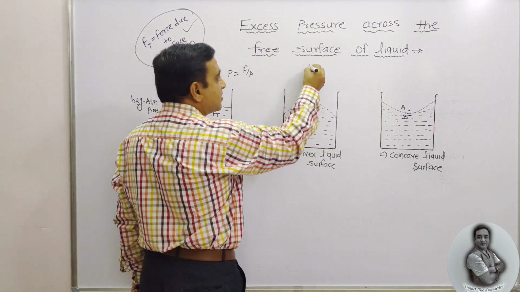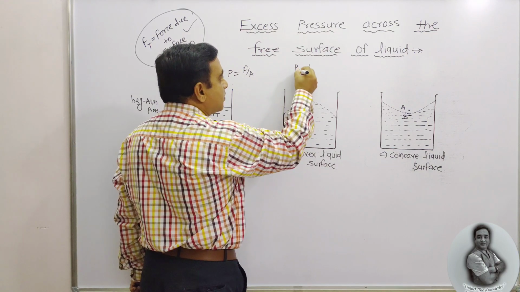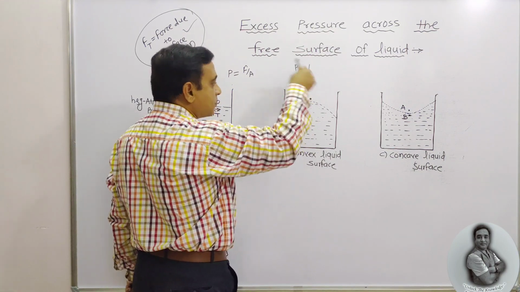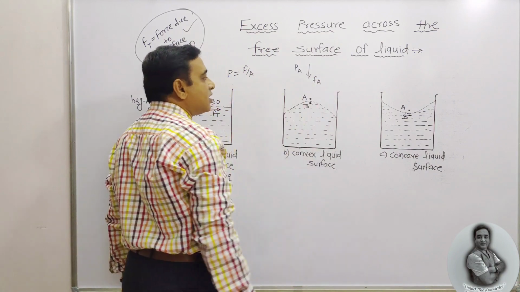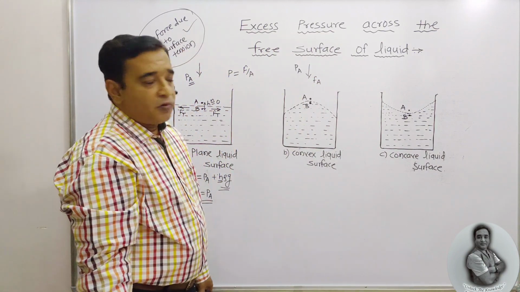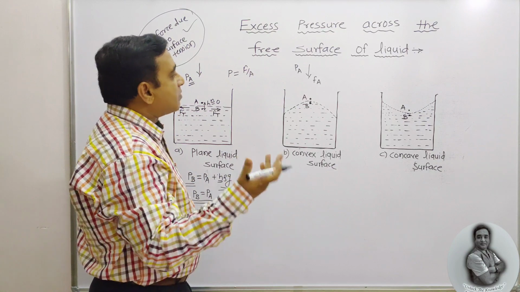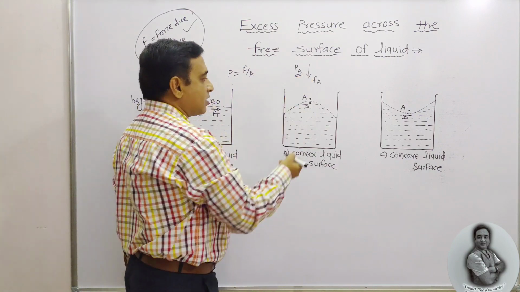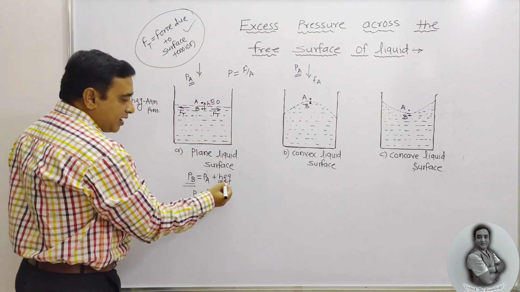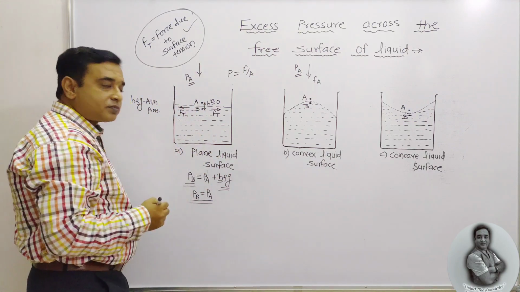And once again, the atmospheric pressure exerts some force, which is nothing but Fa, the force applied by the atmosphere, or atmospheric force. And here the atmospheric pressure is given by the formula h rho g.